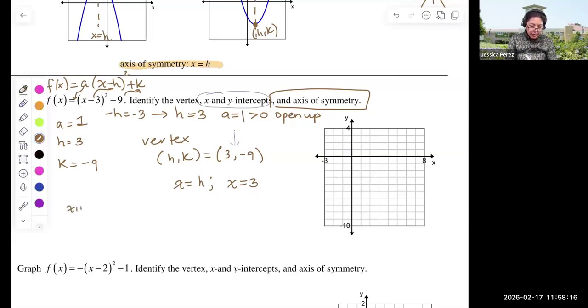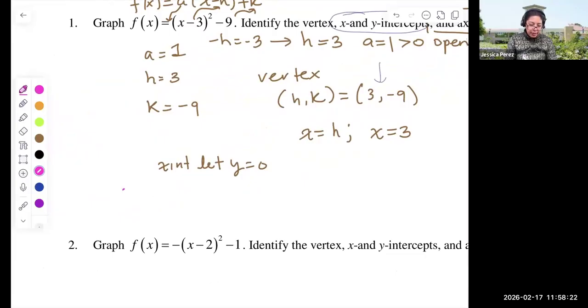How do we find the x-intercept? We let y equal 0. Let's go ahead and do that. So we have 0 is equal to x minus 3 squared minus 9. Let's bring the 9 over by adding. x minus 3 squared. How do we undo a square? We take the square root of both sides, but therefore we get a plus or minus on the other side.